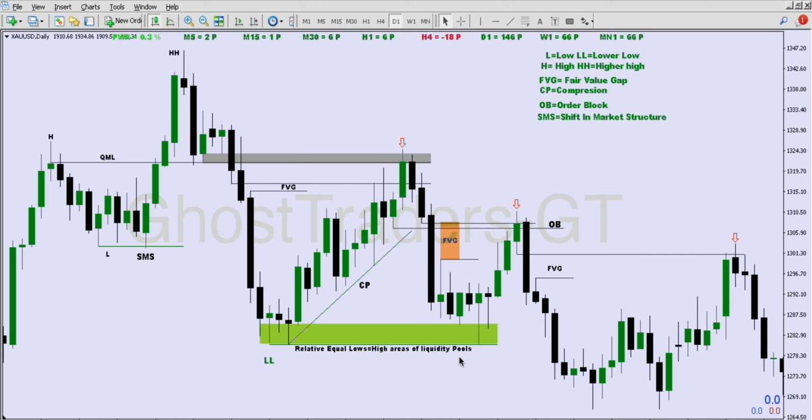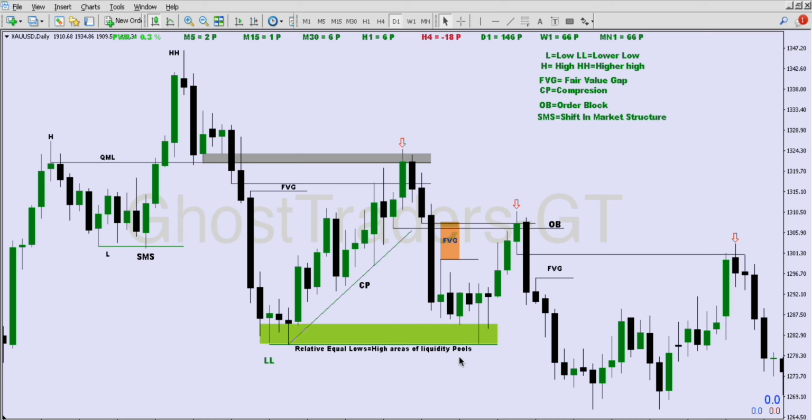We know that there is a lot of activity on previous highs and previous lows in the forex market. That's where our stop losses are going to be, that's where pending orders are going to be. Some people are going to put buy stops, some people sell stops. All those activities happen on highs and lows.